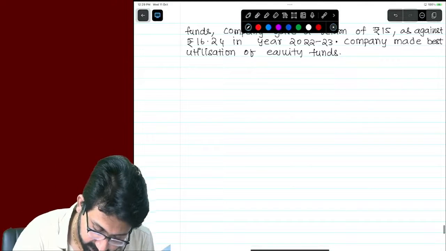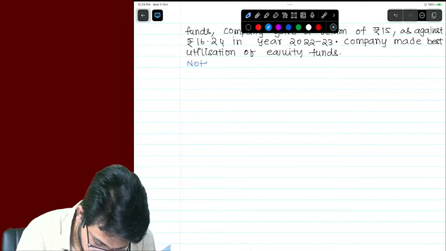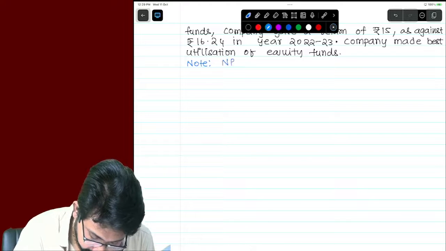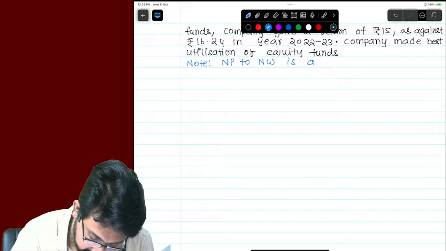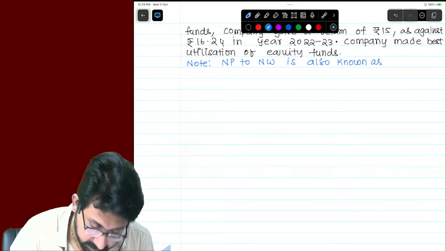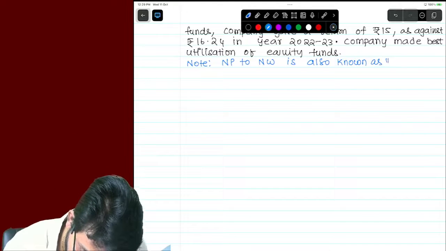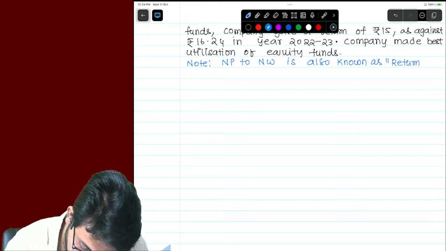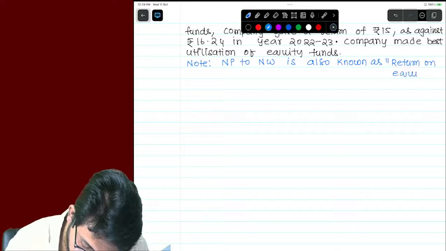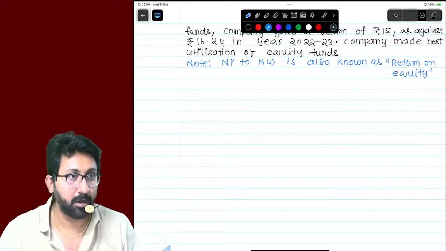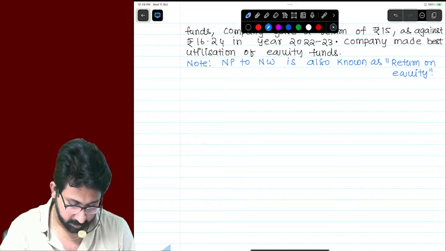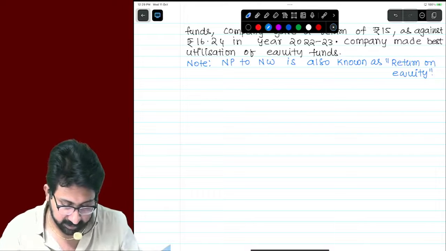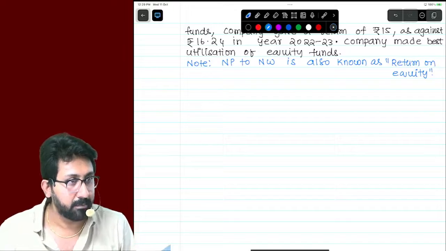There, write down a note: net profit to net worth is also known as return on equity. Okay? Very good.